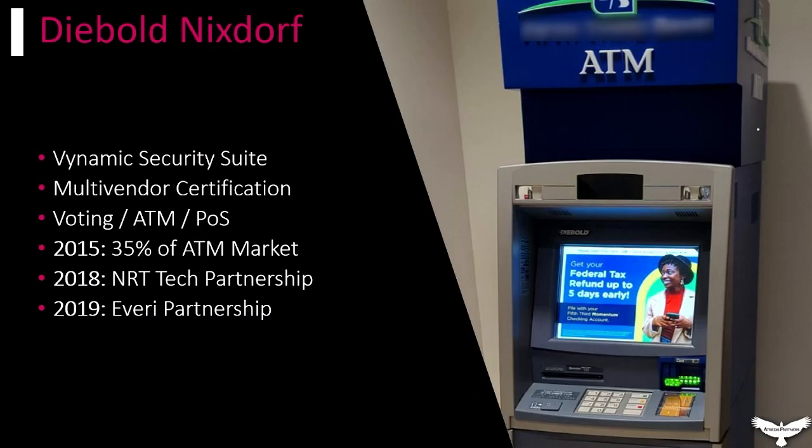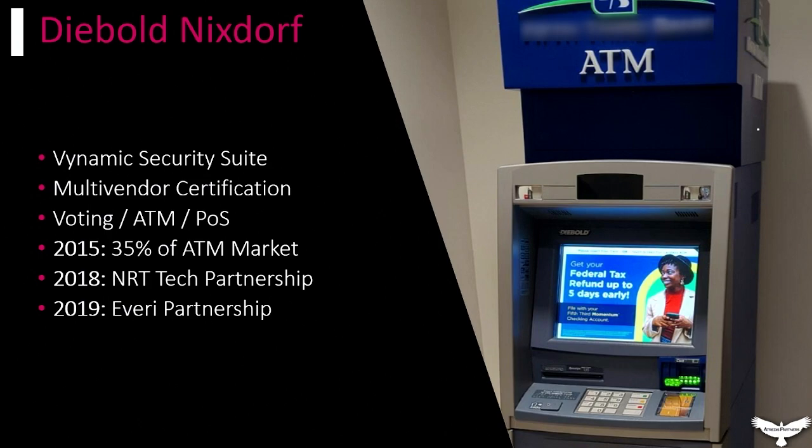This all brings us to Diebold Nixdorf and their proprietary Dynamic Security Suite software. Unlike other ATM security stacks, and each manufacturer has their own, Diebold actually has multi-vendor certification, allowing any ATM hardware manufacturer to run Diebold software and get access to the banking network, which is key. This has allowed them to reach far beyond their hardware footprint, where in 2015, they were assumed to represent about 35% of the ATM market.